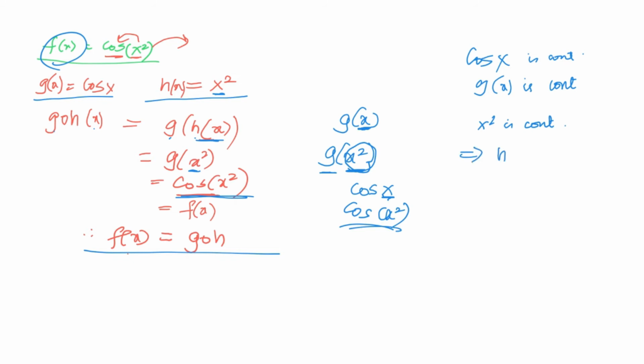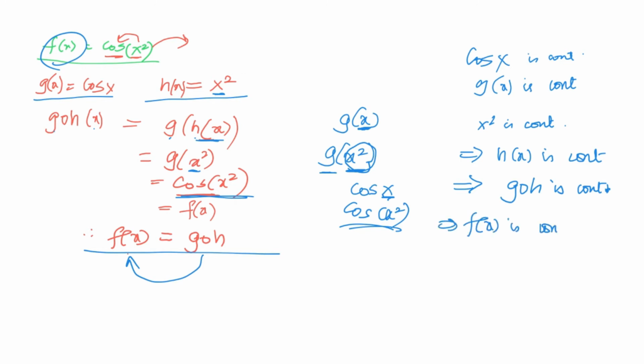Which implies that h of x is also continuous. If these both are continuous, we can say that g of h is continuous. And then we prove that g of h is equal to f of x, which implies that f of x is continuous. Did you understand my point?